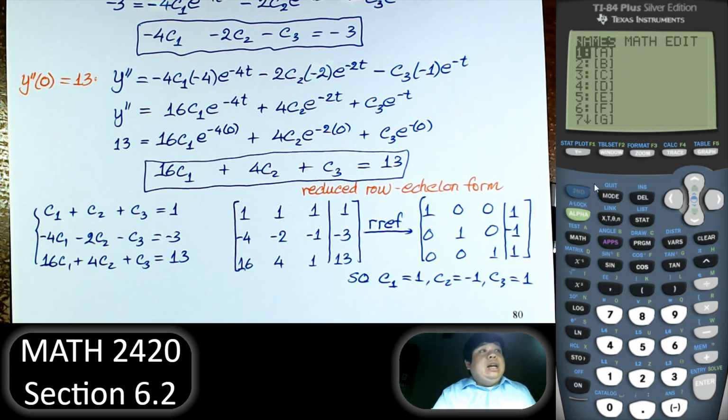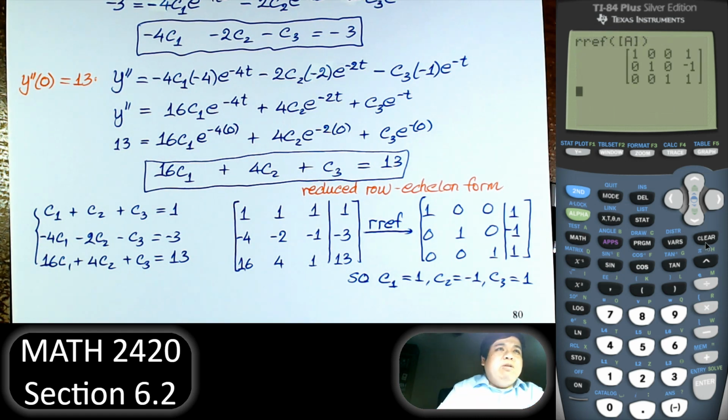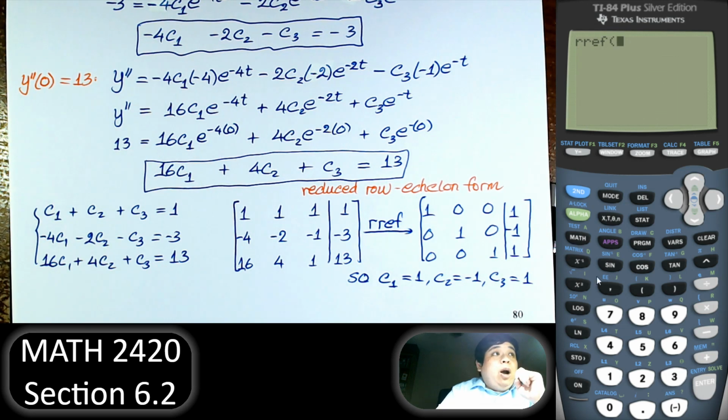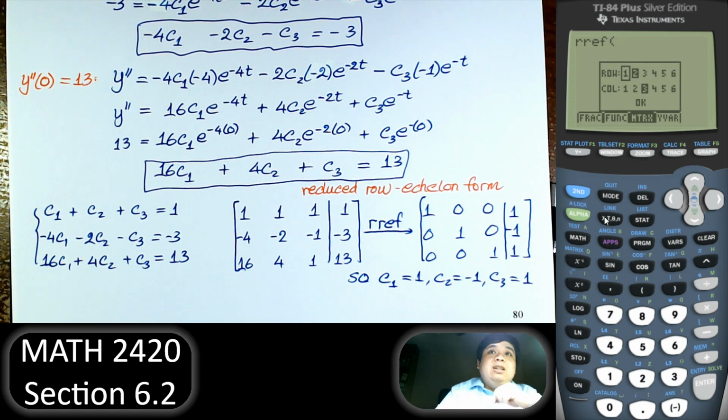Right. Now if you use the TI-84, it will be even better. We just do everything in the home screen. So hit second matrix, reduced row echelon form. Now if, on your calculator, you hit alpha and zoom, and the bottom menu pops up like that, that means we can put the matrix in directly.